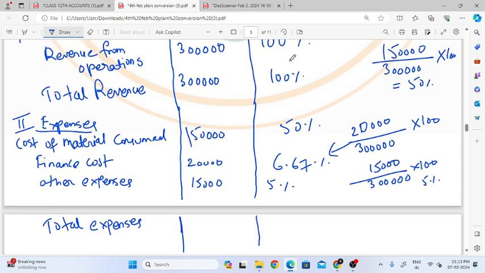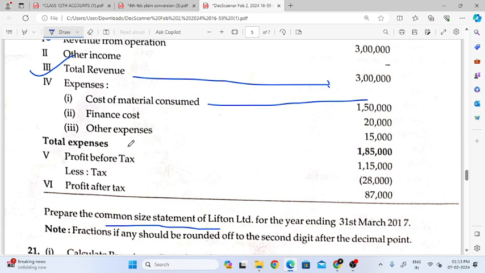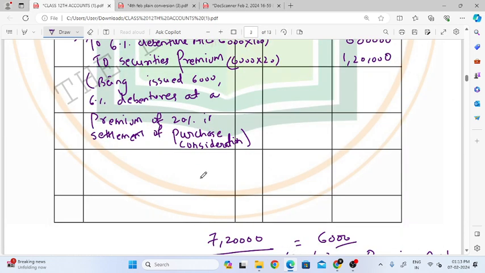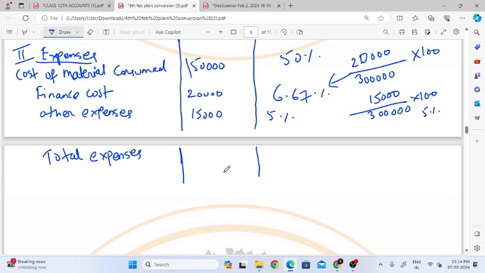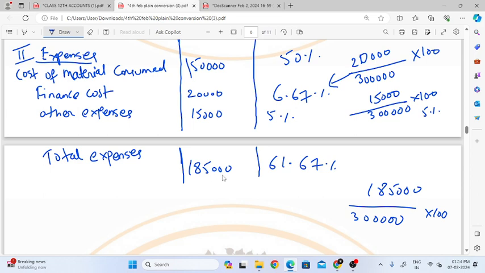Then we have to see the total expenses. How much is the total expenses they have given over here is 1,85,000. So 1,85,000 divided by 3 lakh multiplied by 100, which will give you 61.67%.